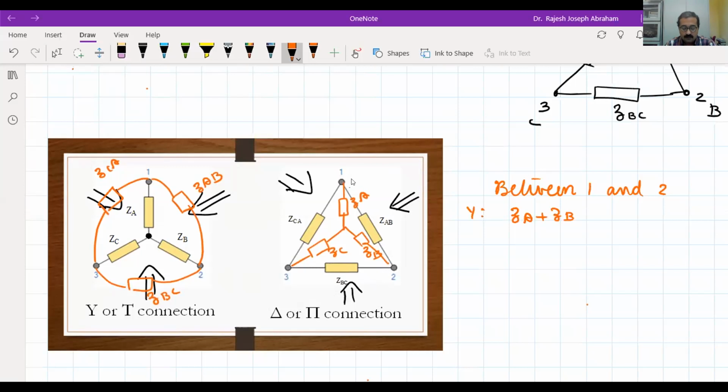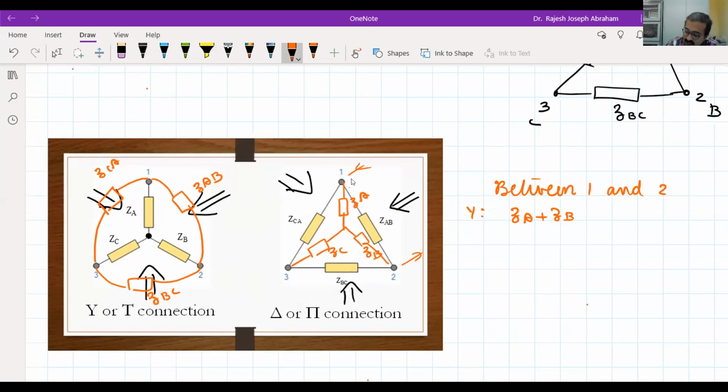Now, what will be the impedance between the same pair of terminals in the delta connection? Assume that a current is entering here and you are taking a return path here. Current will reach here, then it will split into two. One will flow through ZAB, and the other will flow through ZCA plus ZBC. Means ZAB and ZCA plus ZBC are in parallel.